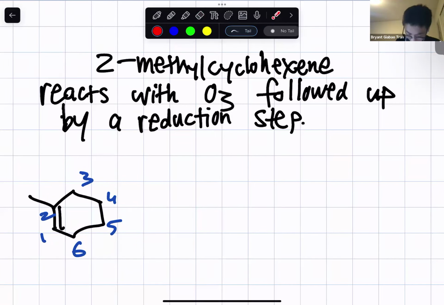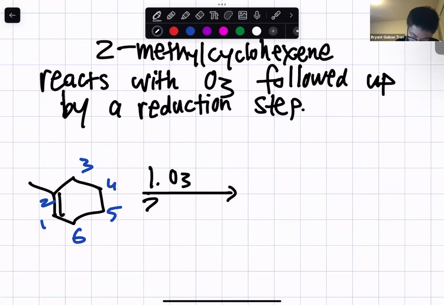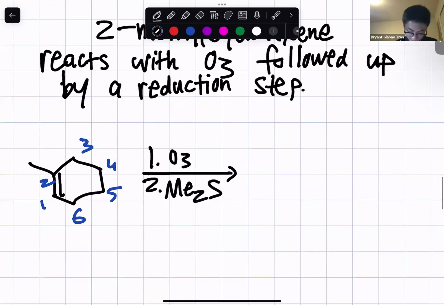So 2-methylcyclohexene reacting with O3, second step, reducing agent like Me2S. We know that this is ozonolysis, which will cut the double bond in half and put oxygens in the middle like that.